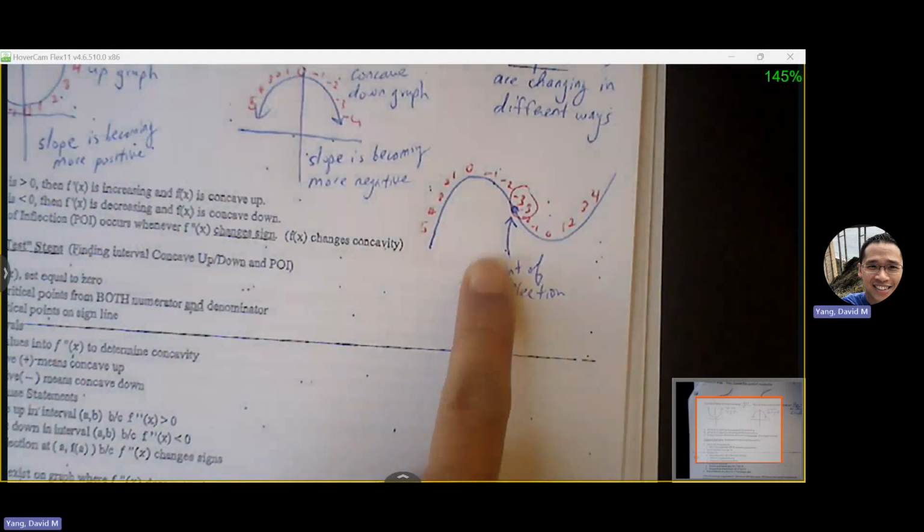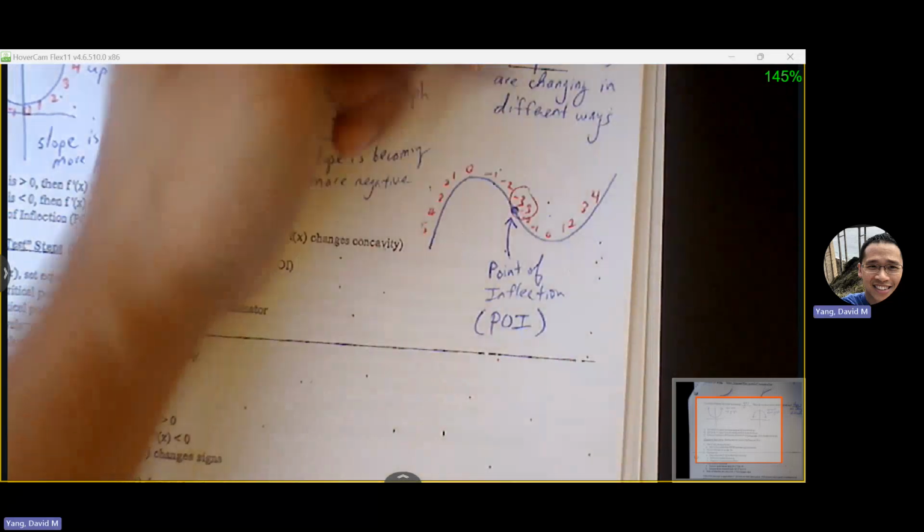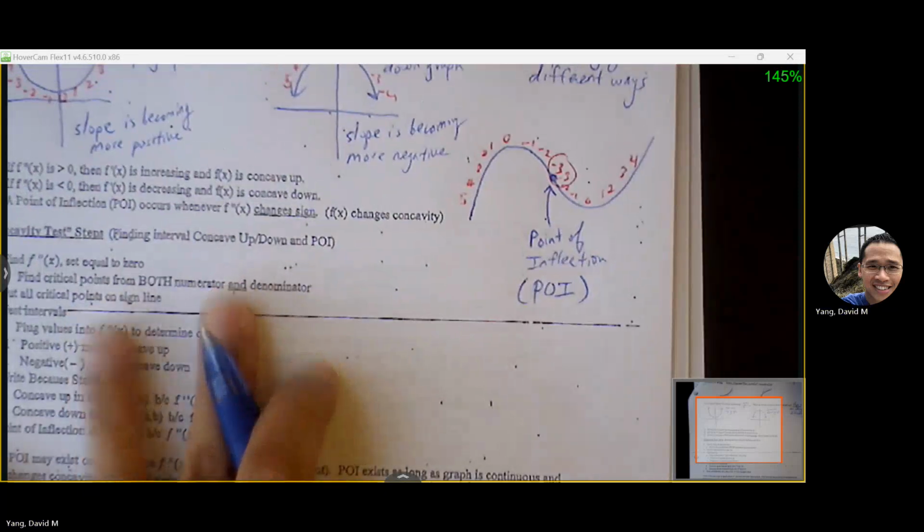It's that point where the steepness is going to start moving in the other direction. If it was moving towards a negative value, it's going to start moving towards a positive value. And a lot of times I abbreviate it using 3 letters, POI, for points of inflection.